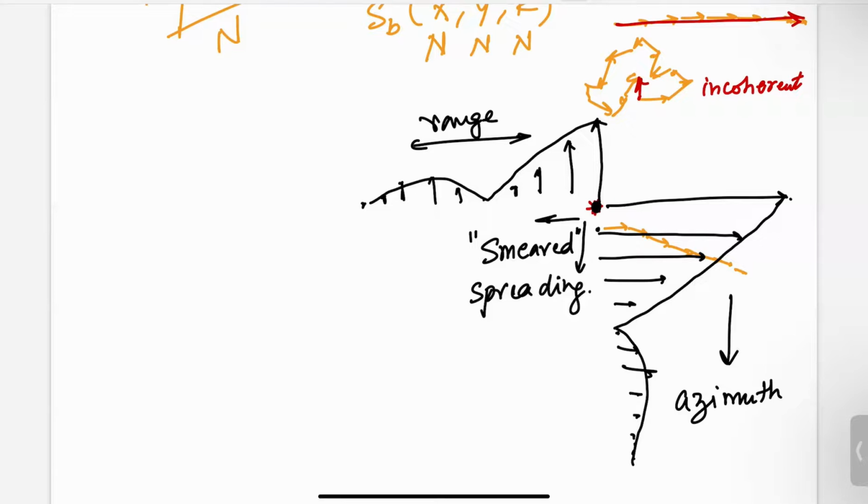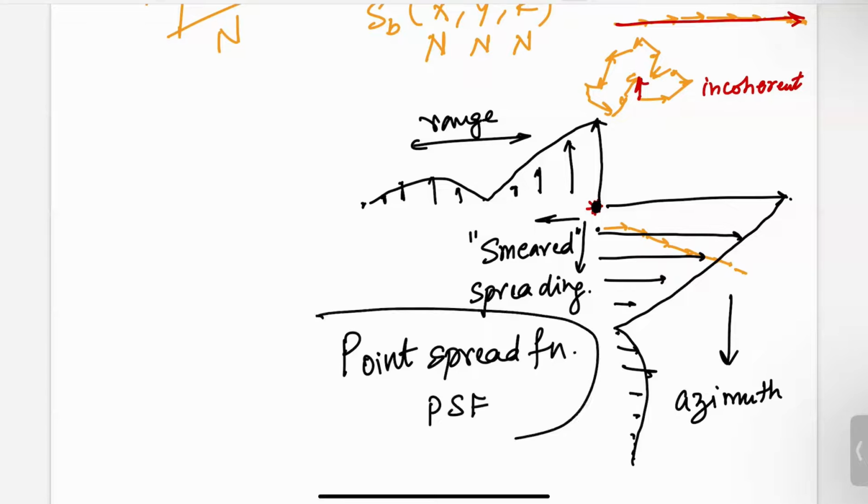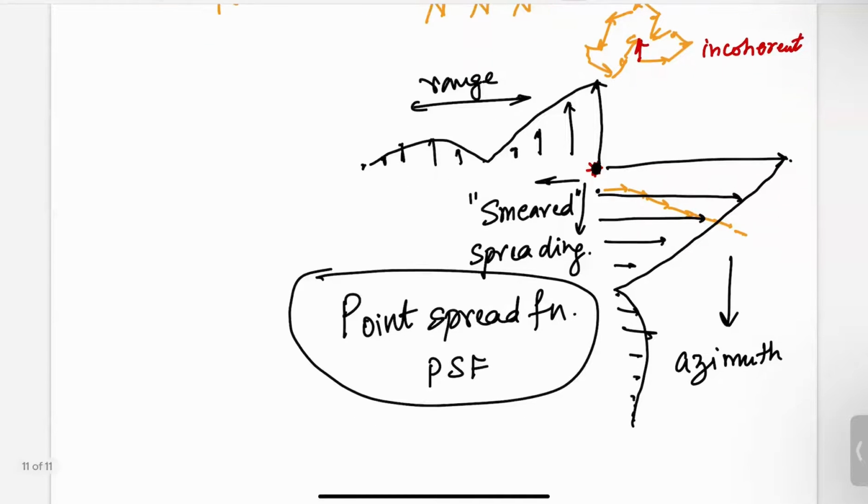And that's what is called, so this function, which shows what the target looks like, is called the point spread function, PSF. This is a very, very important concept in imaging. So the point spread function is only a function of your imaging system. It is target independent.